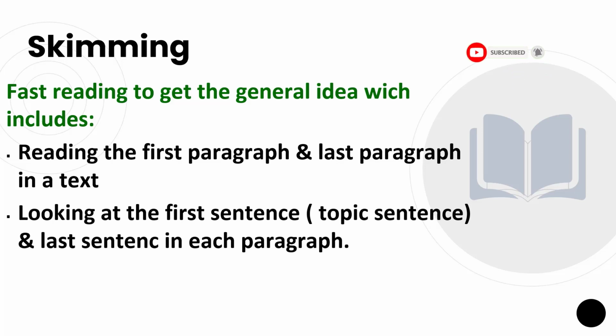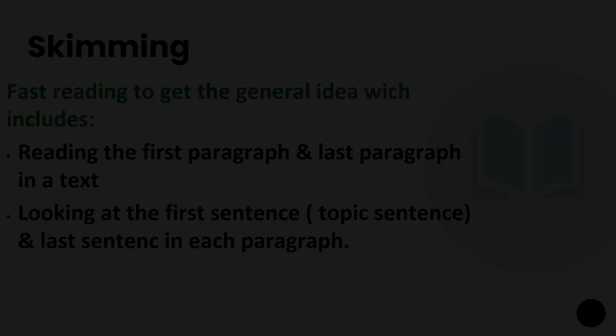No, you read the first sentence, which is the topic sentence, and the last sentence in the paragraph. So again, if you want to understand the general idea of the text, read the first paragraph and the last one. And if you want to understand the idea of each paragraph, you only read the first sentence and the last sentence. Now let's practice.